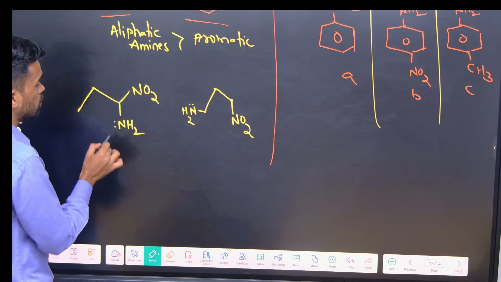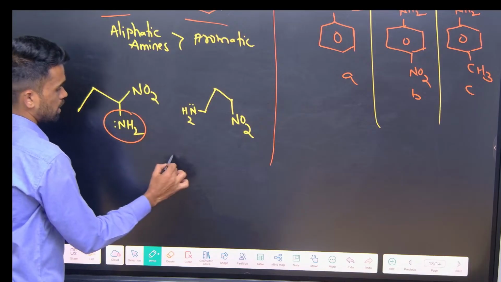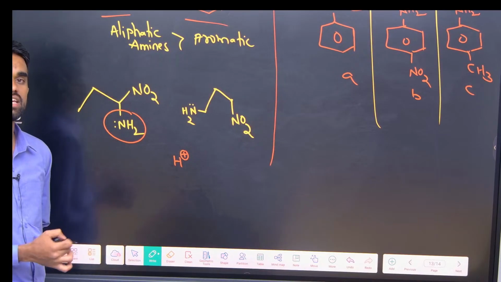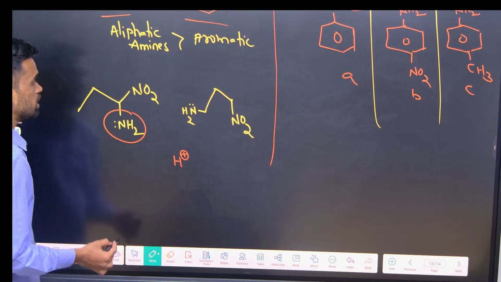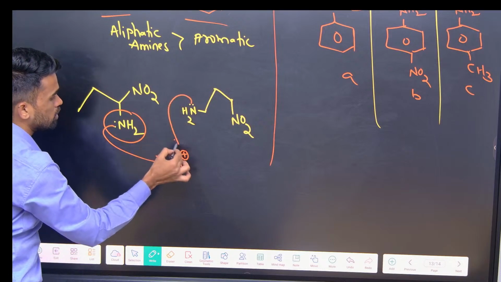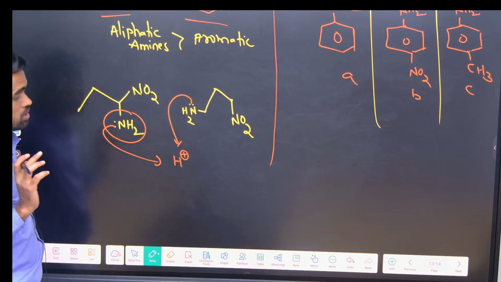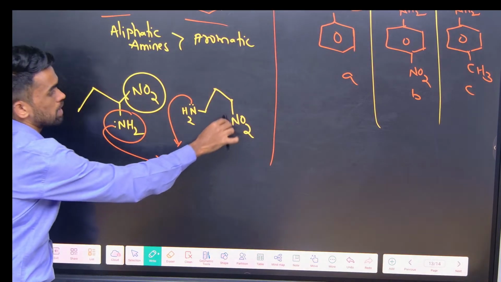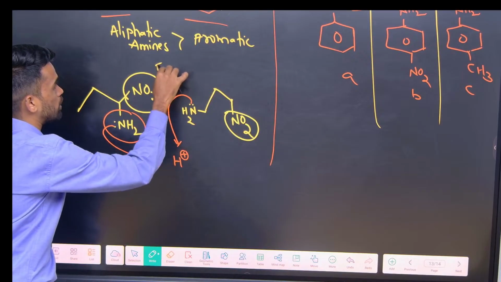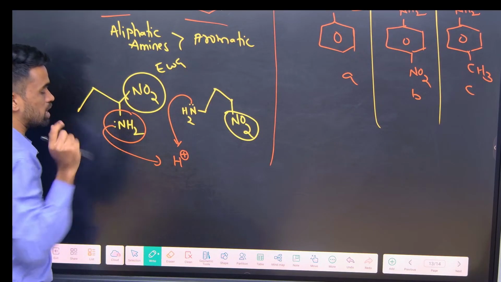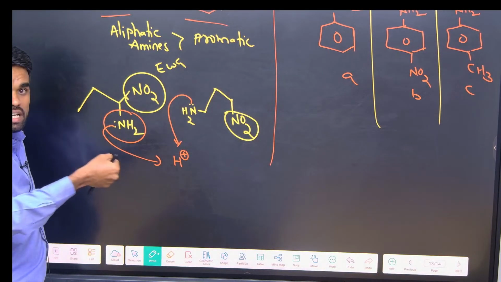See what I told you: if a compound accepts the H plus ion easily, then we can say it is more basic. In order to accept the H plus ion, the lone pair electrons should be freely given to it. But what type of groups do they have? A nitro group here, and also a nitro group here. These are electron withdrawing groups. If the electron withdrawing group is very close to the nitrogen, there will be more inductive effect.